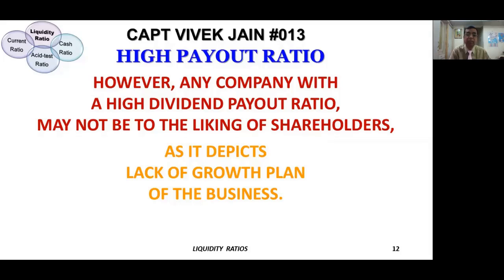Or maybe the company has got too much cash and it is not able to spend that cash for the growth of the business or development of the business. Or it can be so many other reasons. Again, like I said, we have to take that on a case-to-case basis. By and large, a high payout ratio is not really liked by most of the shareholders.